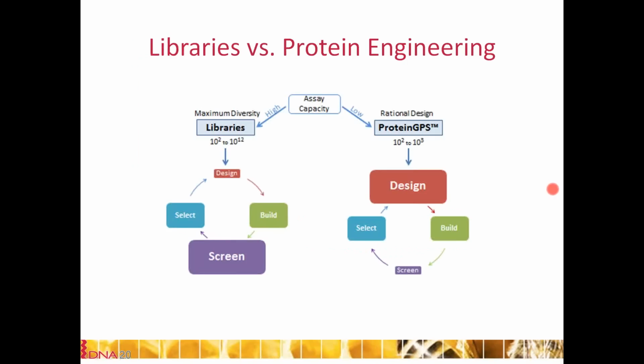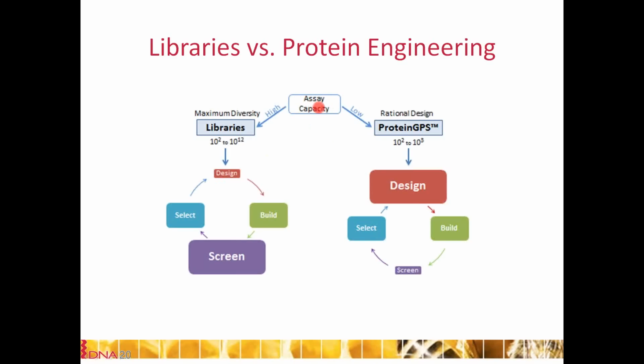So first I'm going to steal a slide from last week's talk by Brett Lovejoy, my colleague, and really how we see the differences between, on one hand, libraries and approaching sequences, interrogating space through libraries, versus interrogating space through ProteinGPS, and it really drives down the difference in the assay capacity and the cost of assay.